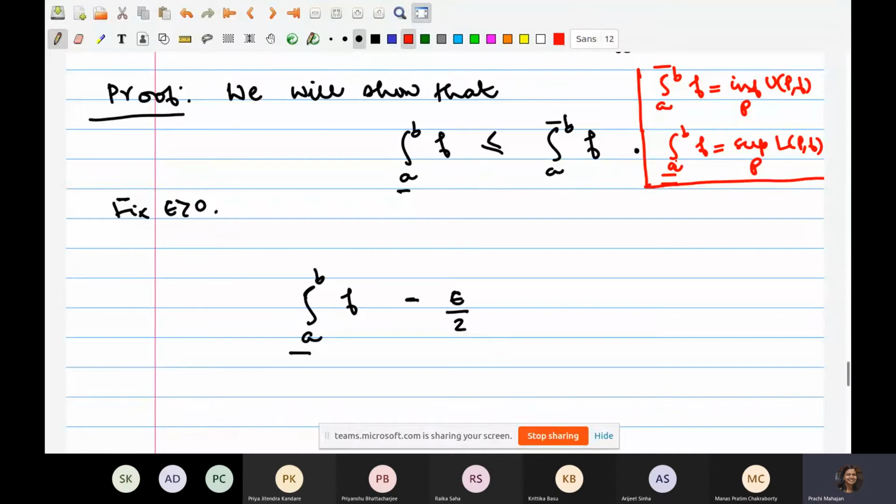And by taking minus epsilon by 2, I am considering something which is smaller than the least upper bound, which means that it cannot be an upper bound, which means that there must exist a partition P of the interval AB such that what happens? Can somebody help me?